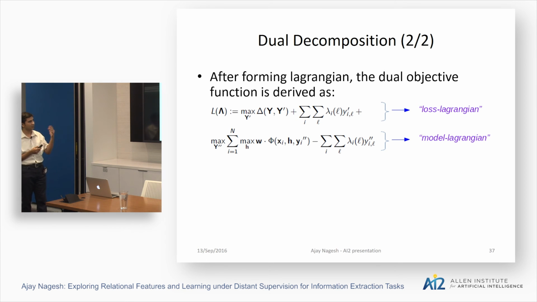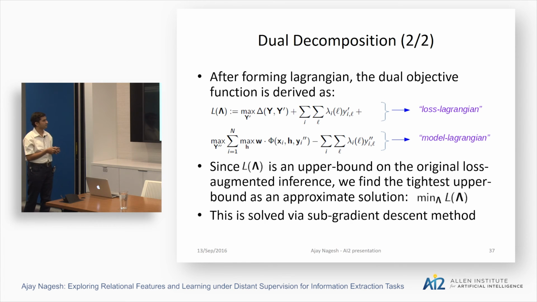One is what we term the loss Lagrangian and the other is the model Lagrangian. This Lagrangian is an upper bound on the original loss augmented inference, and we find the tightest upper bound by minimizing this, which is solved via a subgradient descent method.